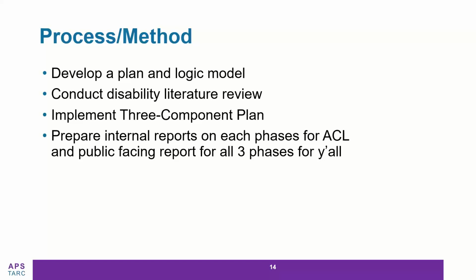The logic model, which we'll talk about more in a few minutes, delineates the context, inputs, activities, metrics, and expected results for APS. As one of the early stages of this work, we conducted a literature review specifically focused on how APS serves individuals with disabilities. And then we implemented the evaluation in three major components.